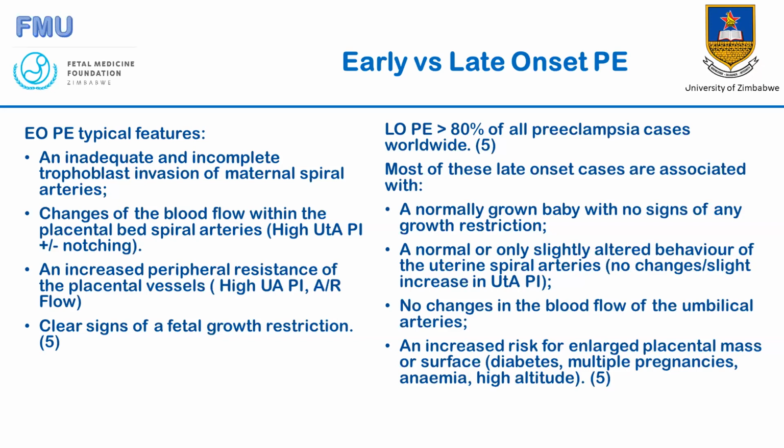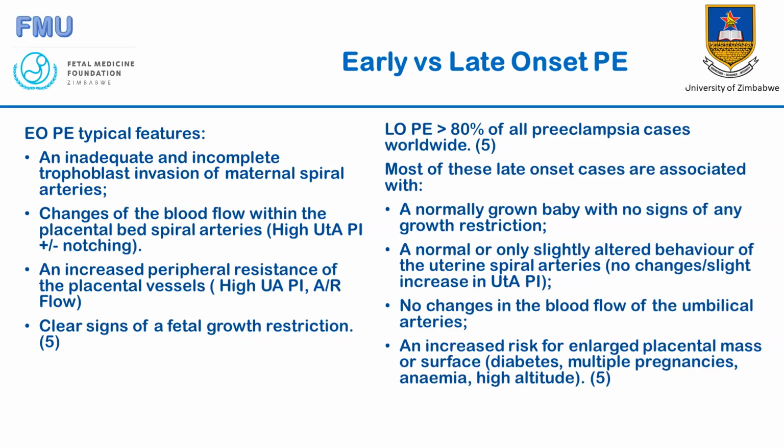There will also be an increased peripheral resistance of placental vessels, depicted through high umbilical artery PI, with decreased antidiastolic flow. It can be absent, and in most cases there will be reversed flow during diastole. And there will be fetal growth restriction.